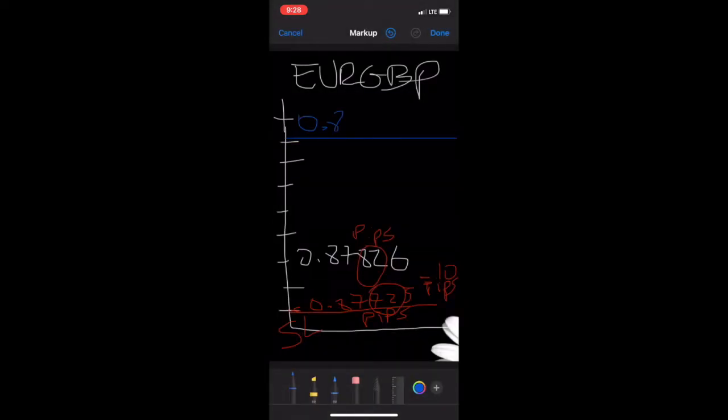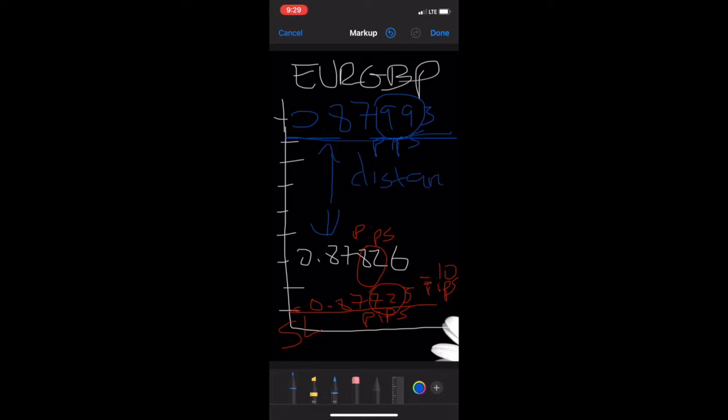But now, if it goes towards our goal, if it goes towards our target, so what we predicted, again, we predicted that it's actually going to go up. So it's going to reach our TP, our take profit. So our take profit, obviously, if it's a buy, it's going to go higher. It's going to be up. So let's say that it's going to go all the way up to 87.99.